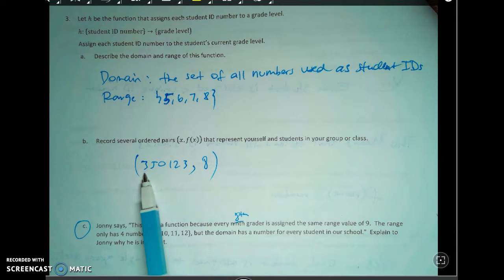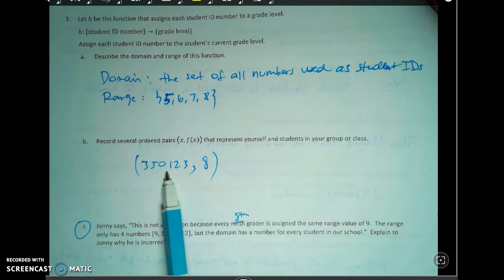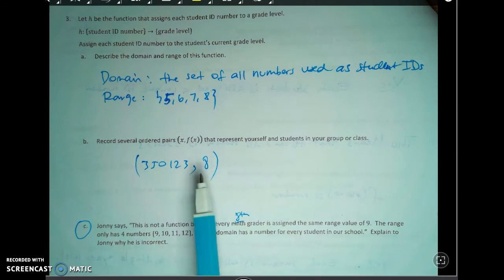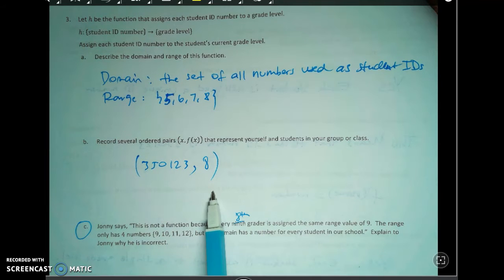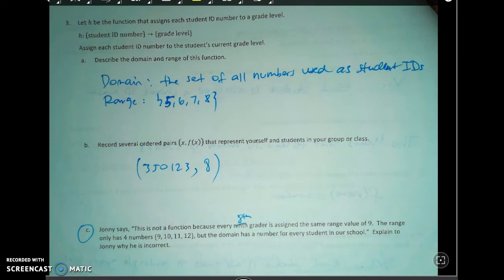You can say that this individual number, which represents one of the students, is assigned to 8th grade. Well, this same number cannot be assigned to a different grade level. It has to be assigned to 8th grade because he is in 8th grade. He cannot be both in 7th and 8th grade at the same time.